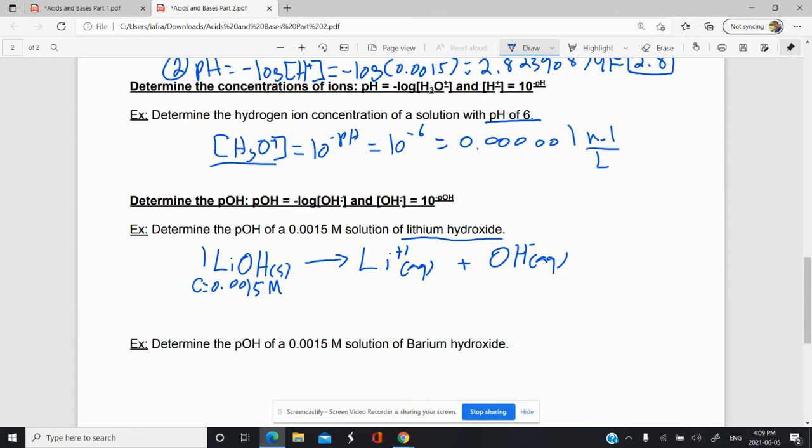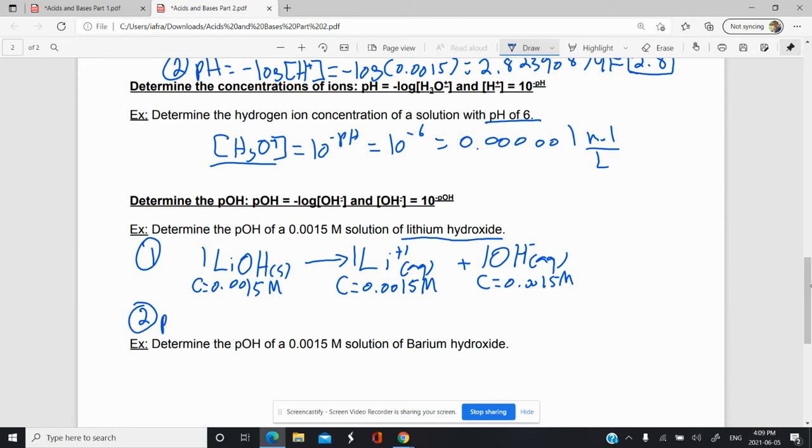And since it's all a 1-to-1 ratio, the concentration of everything else is the same. So we're going to have concentration of this once it dissociates 100% is 0.0015 molar. And same thing with the hydroxide, 0.0015 molar. So that's our step 1. We wrote a dissociation, and we found the concentration of hydroxide.